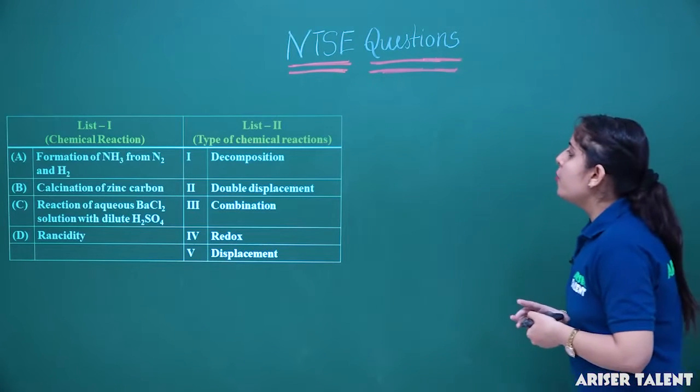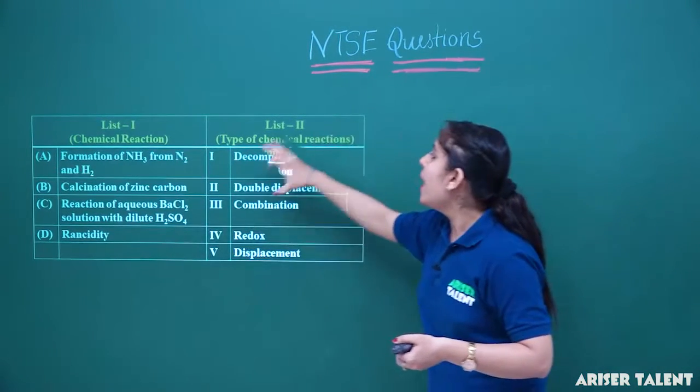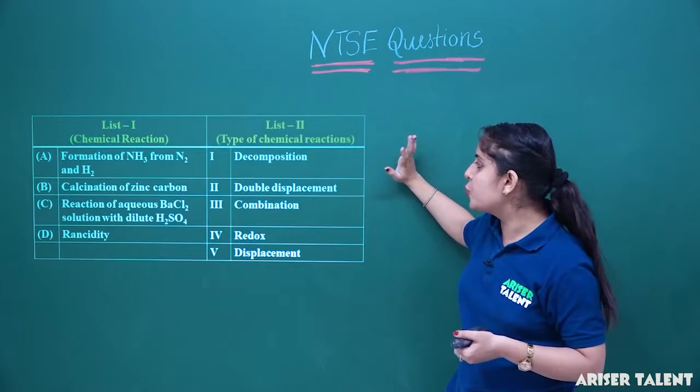These are the lists we have been provided. You can see the chemical reactions mentioned, and you have to identify the type of chemical reaction given in list 2.